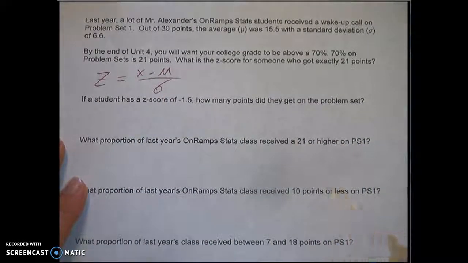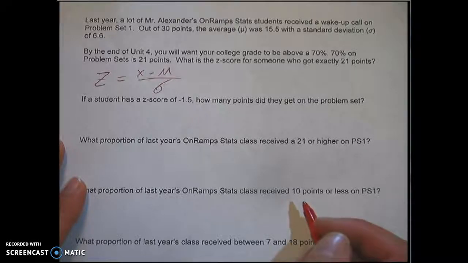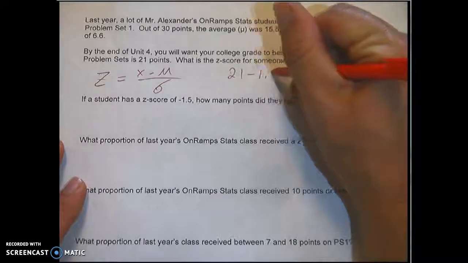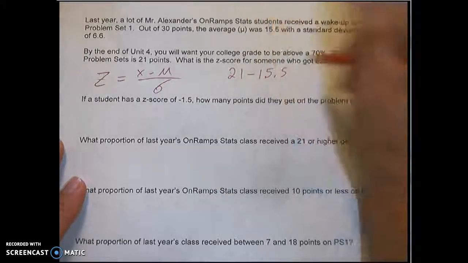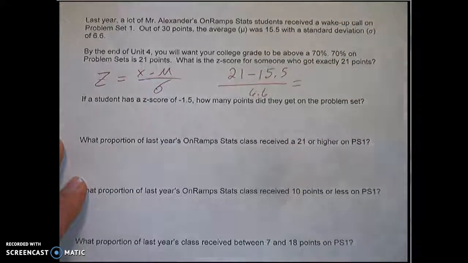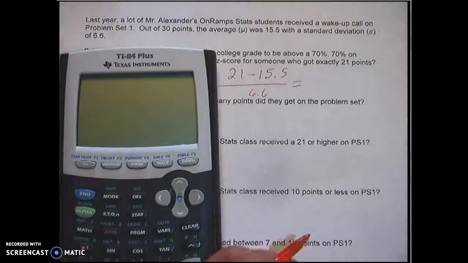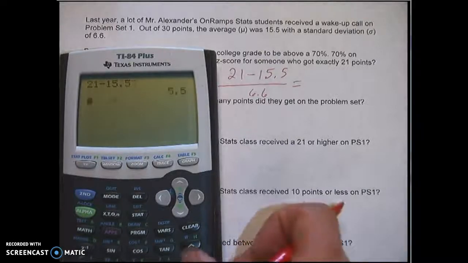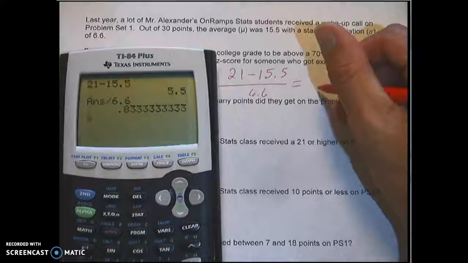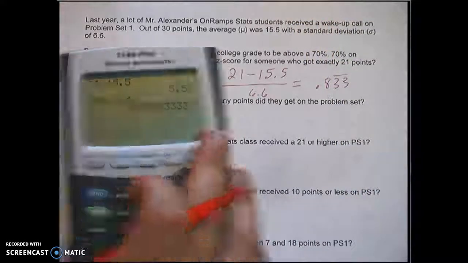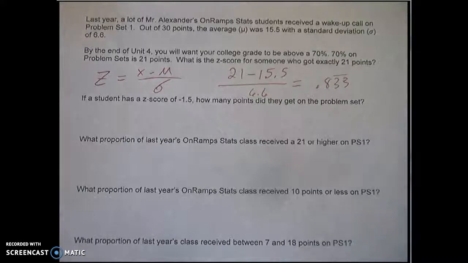So if you got exactly 21 points, then in my made-up class here, that z-score is 21 minus 15.5 divided by 6.6, which is 0.8333, going out forever.